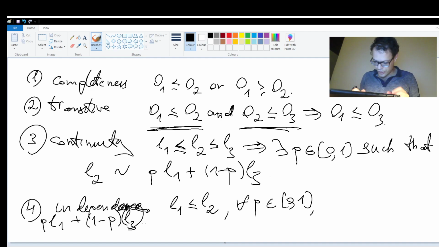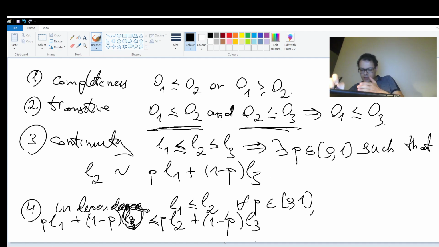L3 is going to jail. You just add something which is kind of new. Then it's going to be at least as good as if you combine L2 with the same probability with L3.